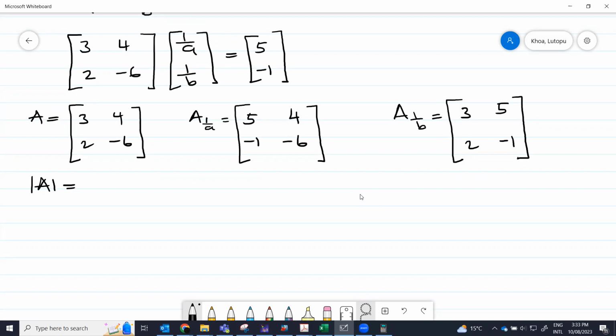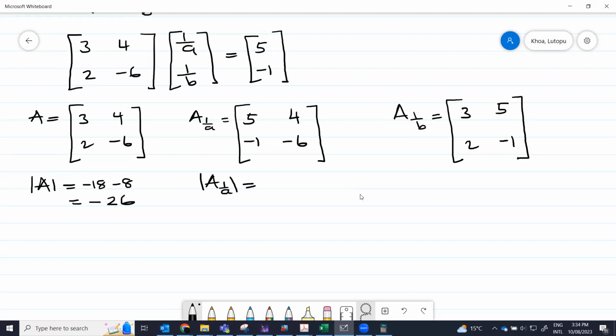Determinant of A, this is 3 times minus 6, which is minus 18, minus 8, which is equal to minus 26. Then the determinant of A, 1 over a.